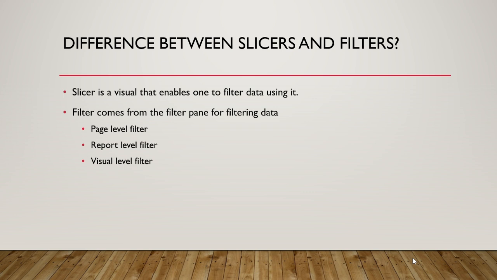But slicer is a visual. Both are used for filtering the data only. But the major difference is that slicer is a visual, but the filter that we are talking about in the second part is coming from the filter pane, not from a visual. Okay, and we have three types of filter levels also.